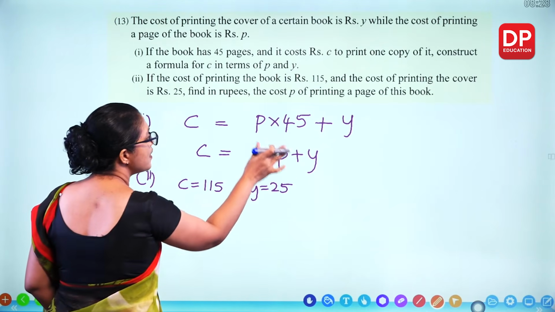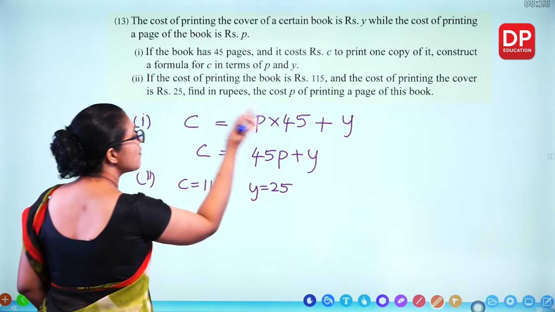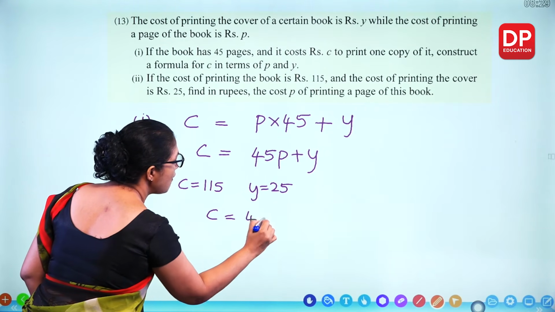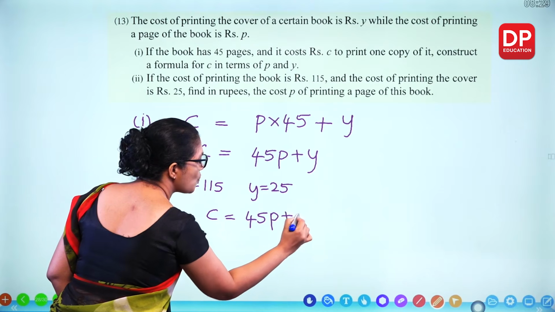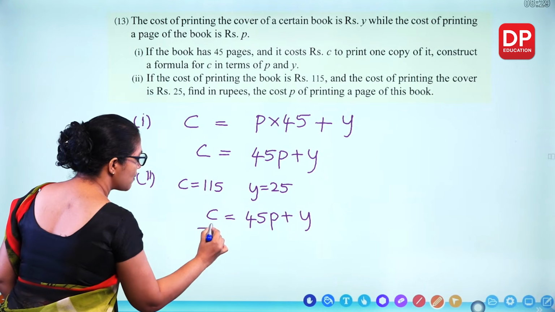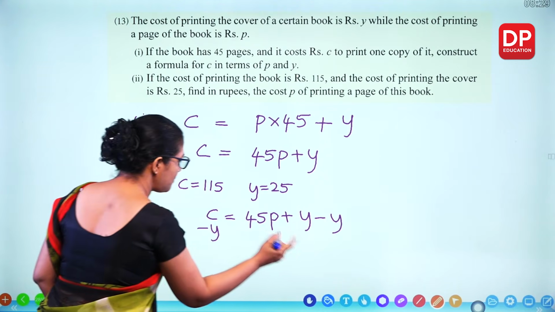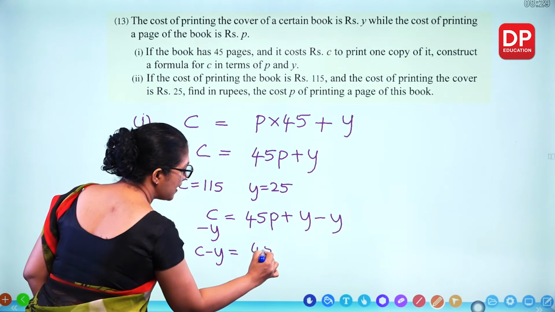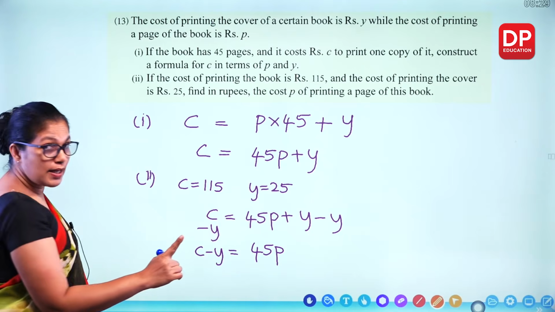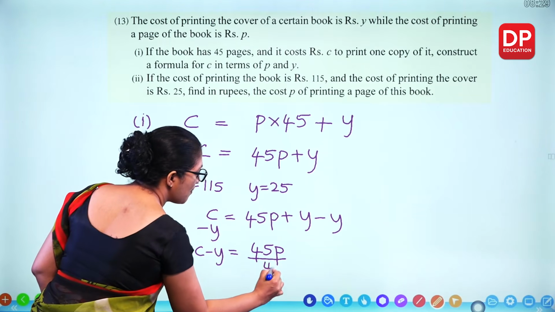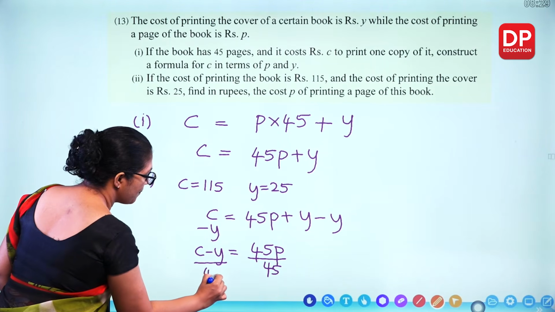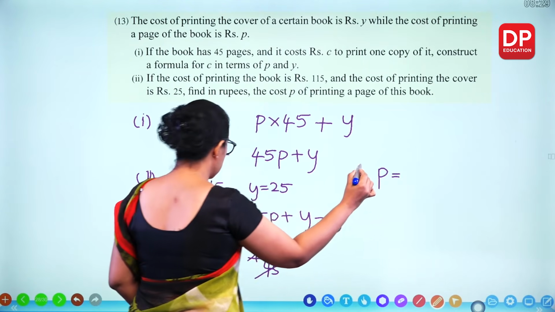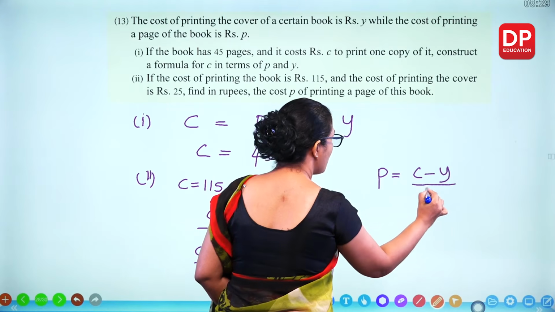C equals 45P plus Y. I want to subtract Y from both sides. What happens? C minus Y equals 45P. So P equals, you need to divide by 45. So you get P equals C minus Y over 45.